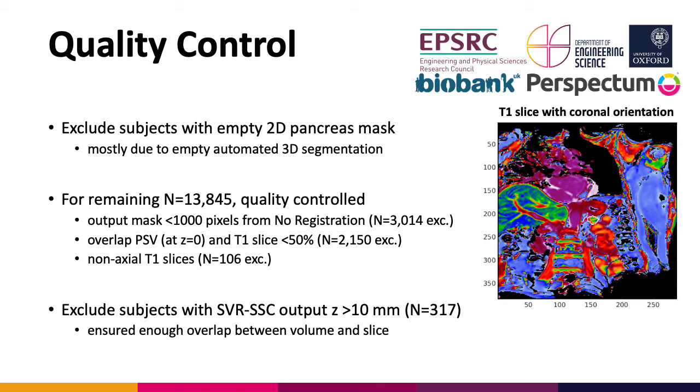Here you can see an example of an excluded slice that had coronal orientation. We also excluded subjects where the suggested translation by the registration was greater than 10 millimeters. These ensured enough overlap between the two scans, but we'll come to this issue later.